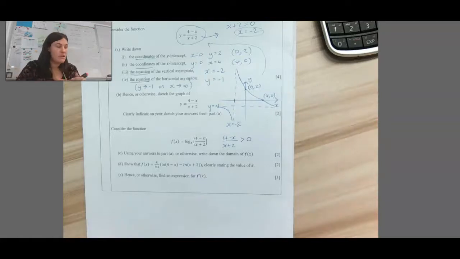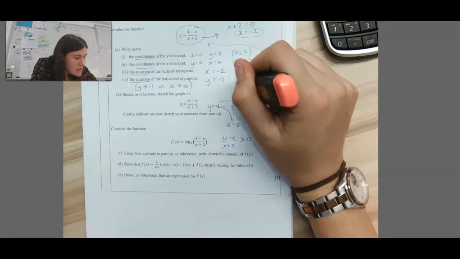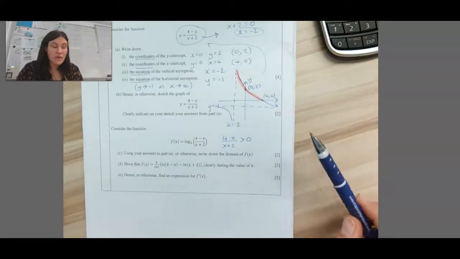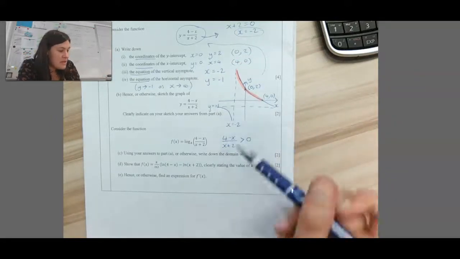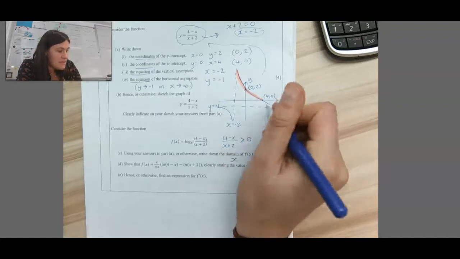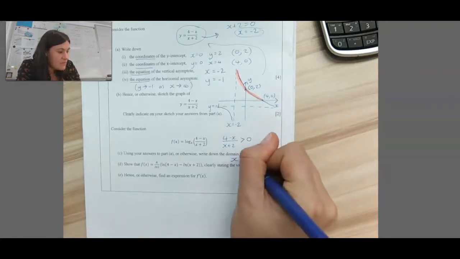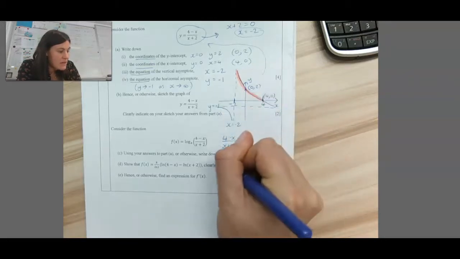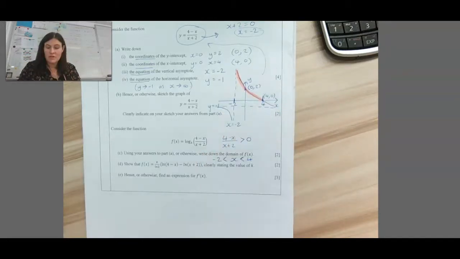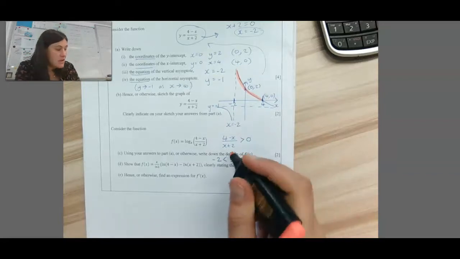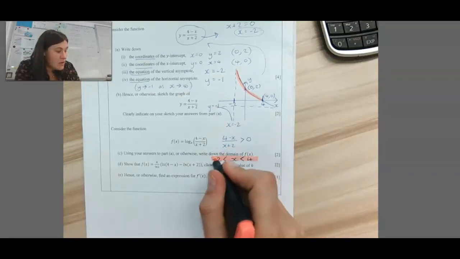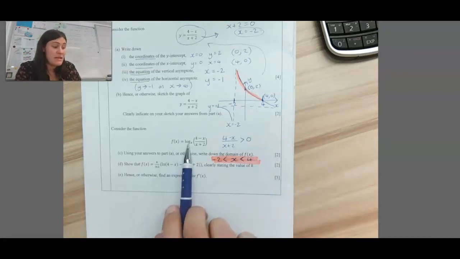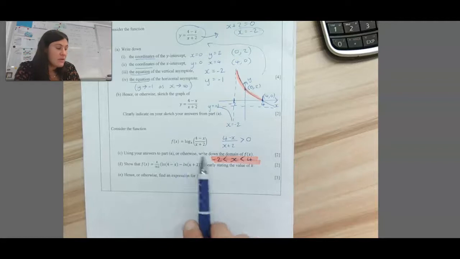I'll just put my highlighter on there. This is the section of the graph that's positive. Well, what x values does that apply to? Well, it's when x is less than 4, but more than minus 2. So this is the domain of x that's going to give me a positive value of this, which means I can do log of it. It's not possible to do log of a negative number.